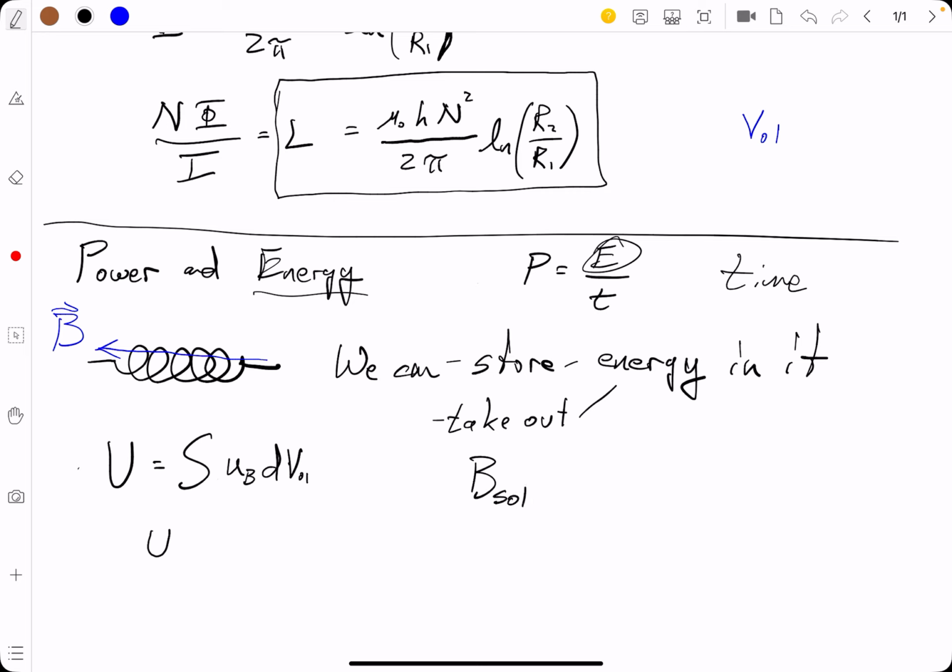So for a solenoid, our B is mu naught N I. Okay. The L, our inductance for a solenoid, is equal to mu naught N squared times the volume.